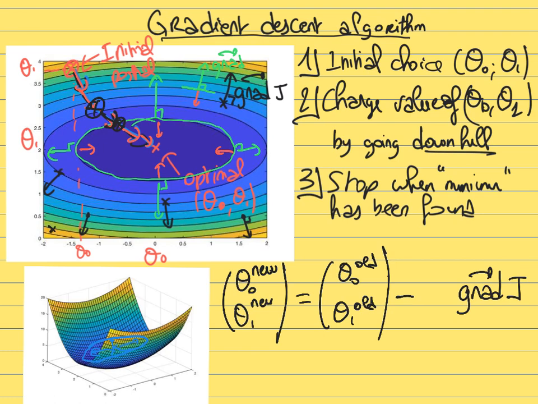For example, if you start from there, you go downhill, it brings you here, then here, then here, then here. If you start from this location here, going downhill would bring you here, then here, then here. So if you go downhill, you go towards the minimum.